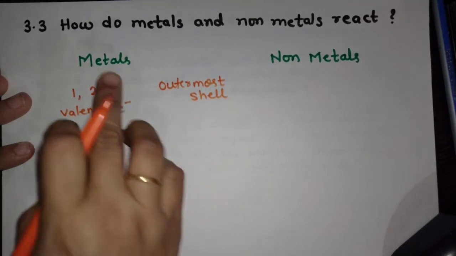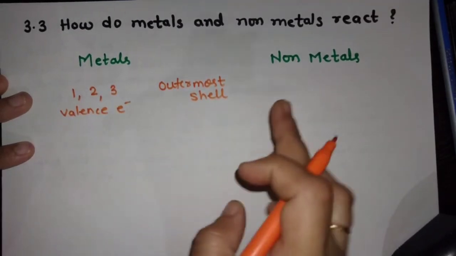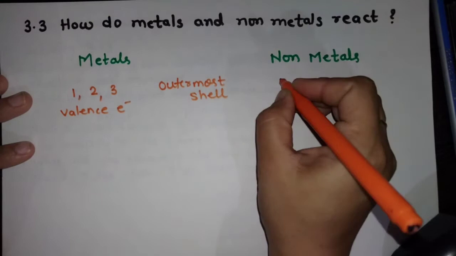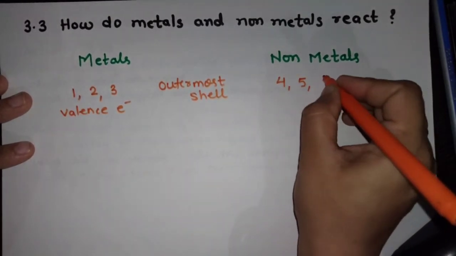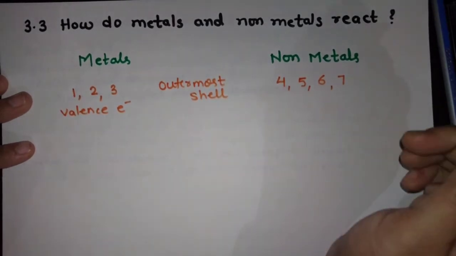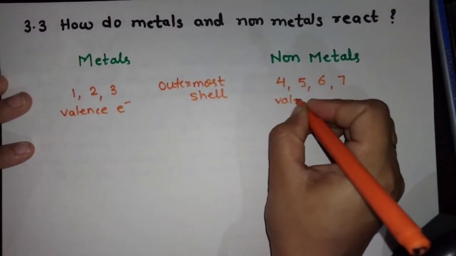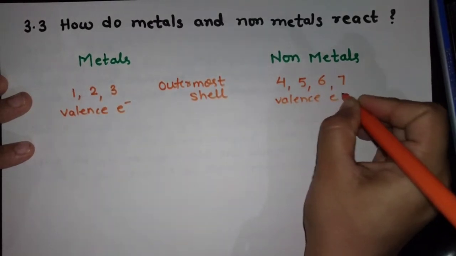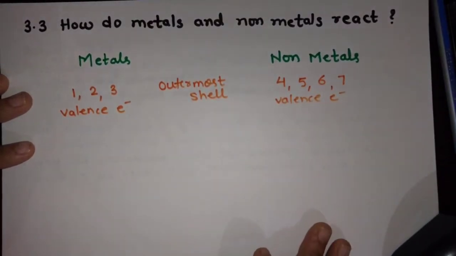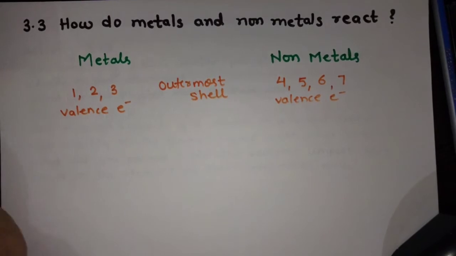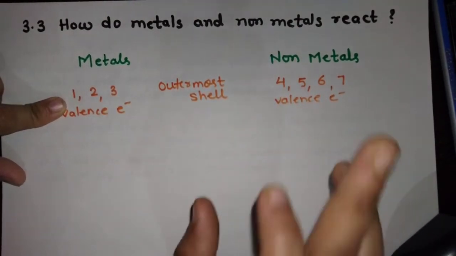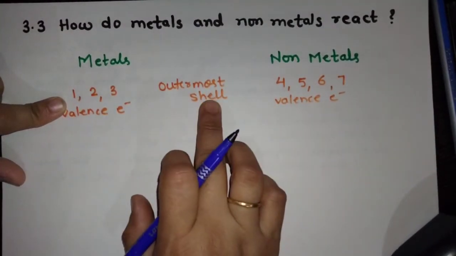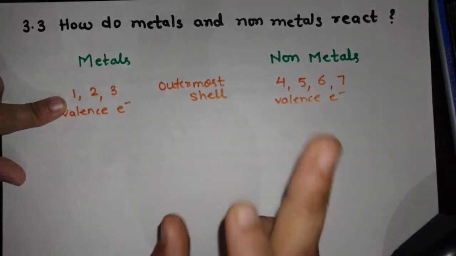If you talk about non-metals, then they have 4, 5, 6 and 7 valence electrons in the outermost shell. According to octet theory, these metals or non-metals should have a total of 8 electrons in their outermost shell, then they will be stable.